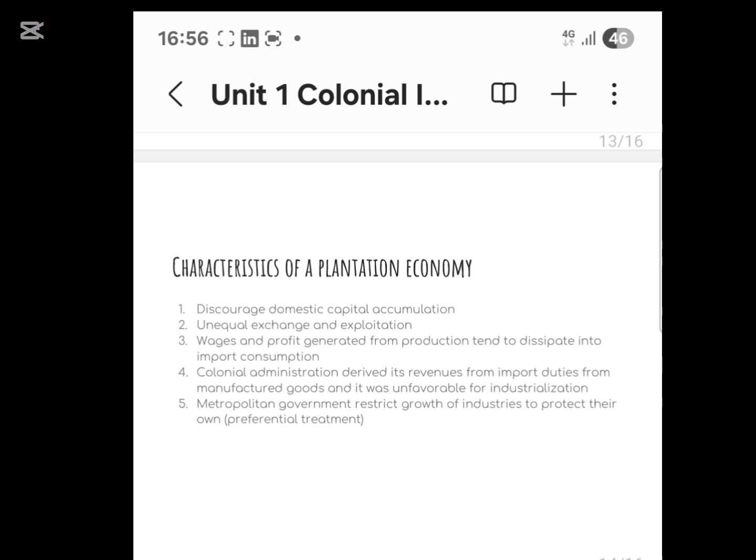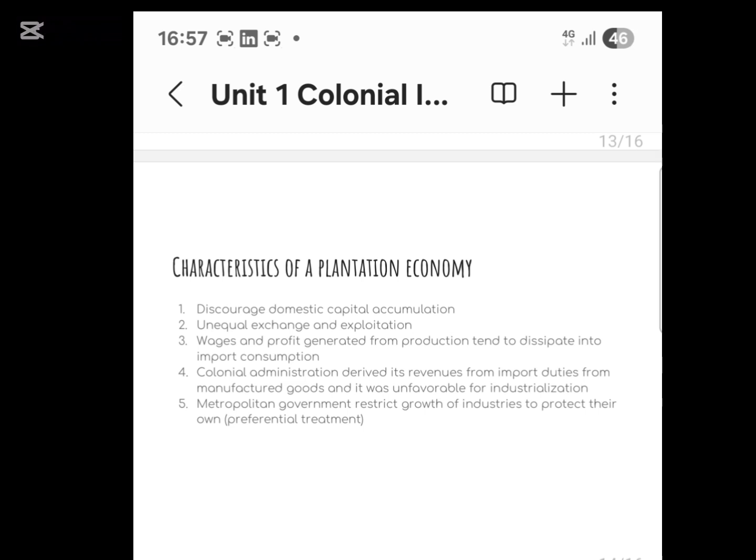When you have your first paycheck, you will go to Big Rooster or Phone House and buy your Samsung Galaxy. Your Samsung Galaxy is not produced in Papua New Guinea. So the plantation economy during that time, and even to some extent in our time, discouraged domestic capital accumulation.